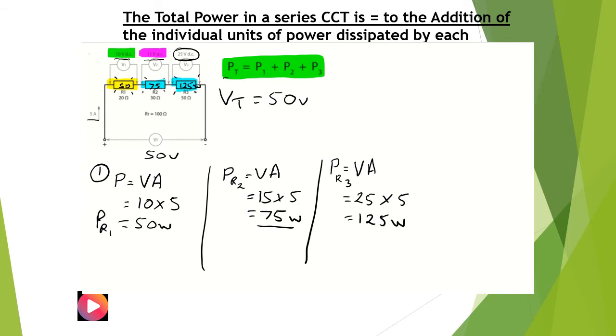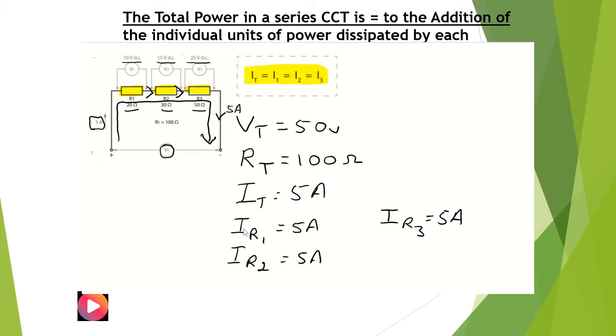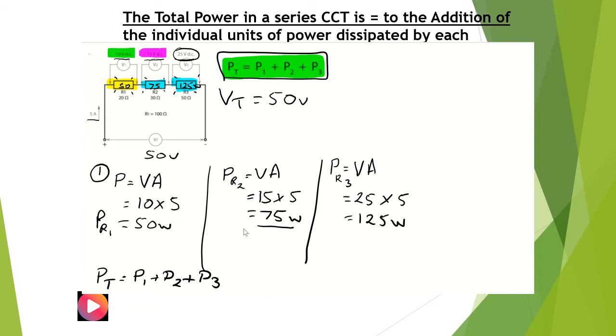Now, this formula here is saying to us that we simply need the total power to equal P1 plus P2 plus P3. I need to scroll down the page a little bit. Okay, running out of room.